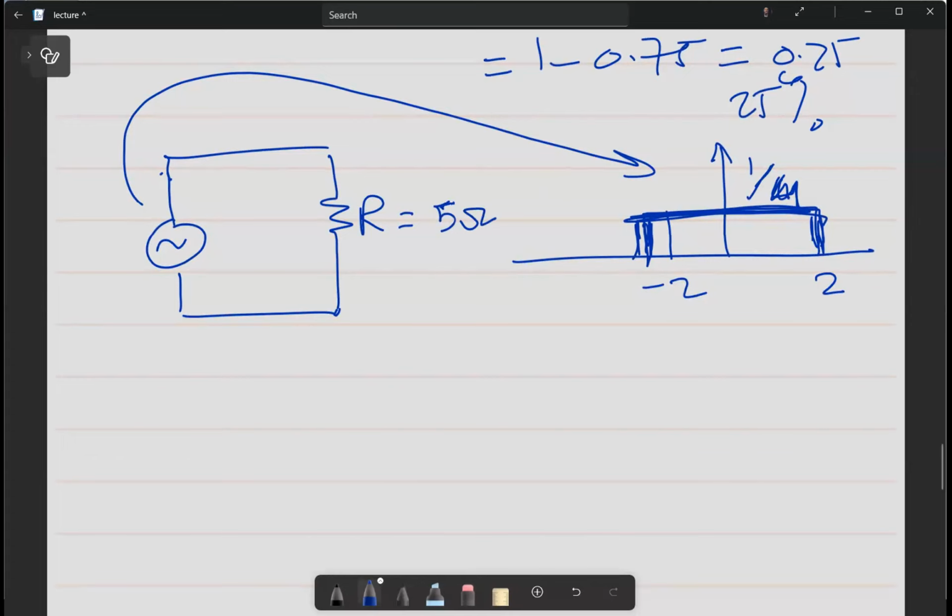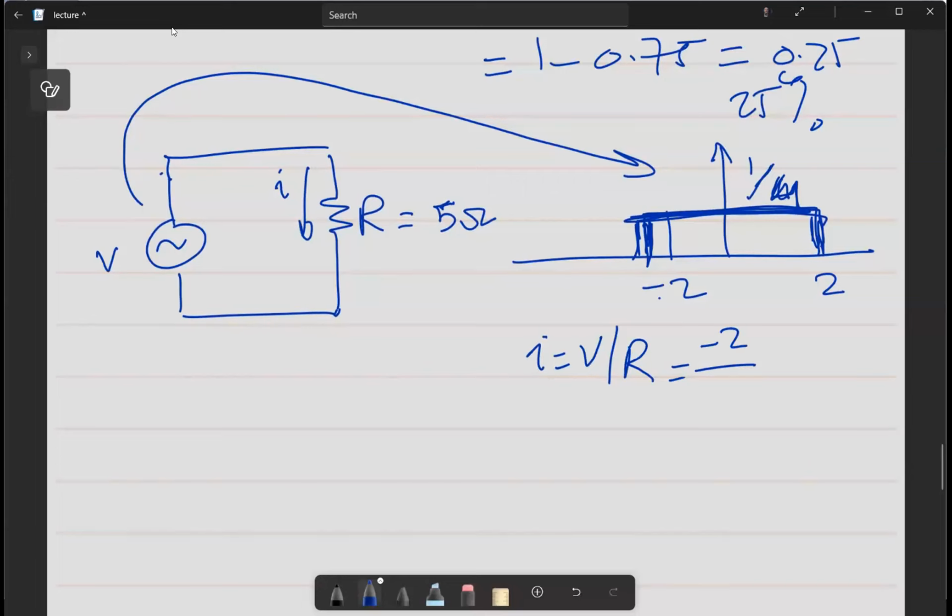Now what will happen for the current? Actually, the current will also be a random variable, because the voltage here is a random variable with this distribution from -2 up to 2. Because we know that current equals the voltage divided by the resistance R, so V will be from -2 divided by 5.